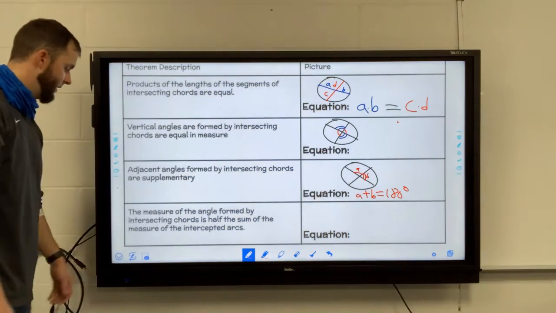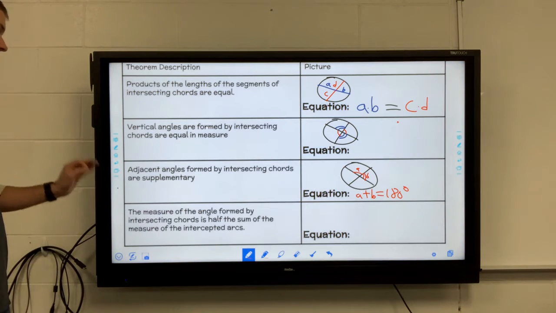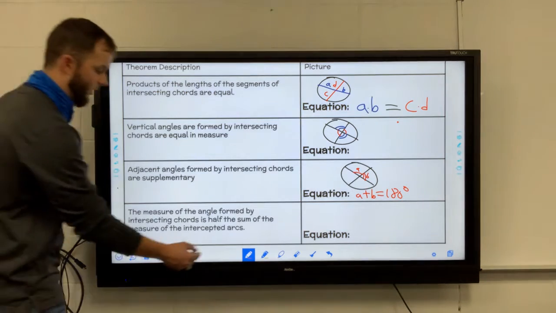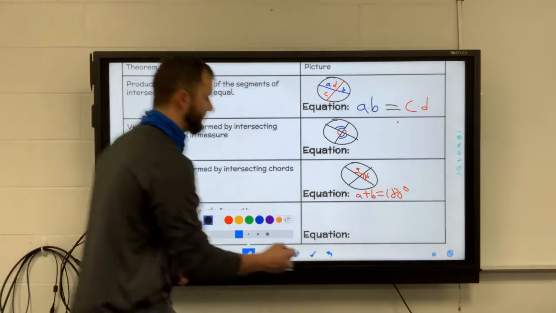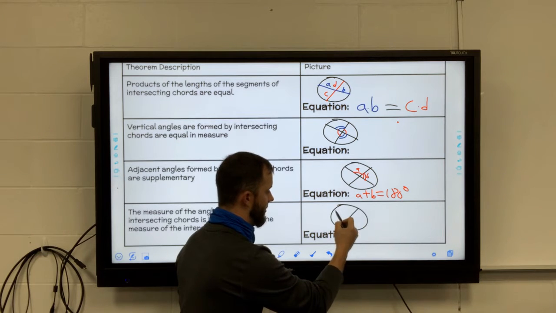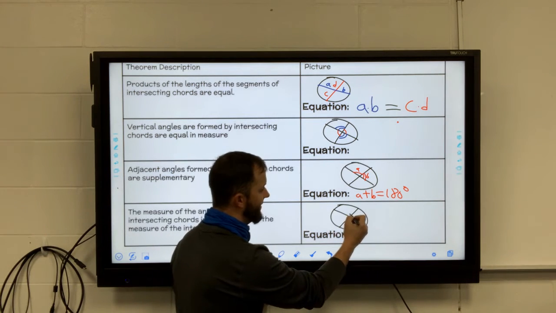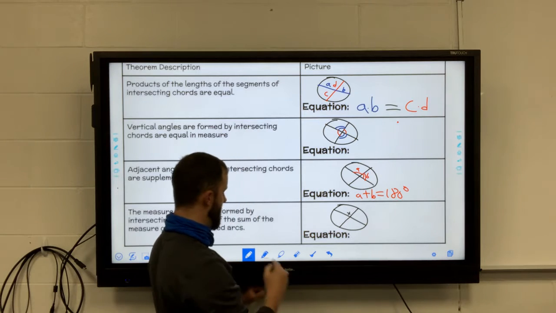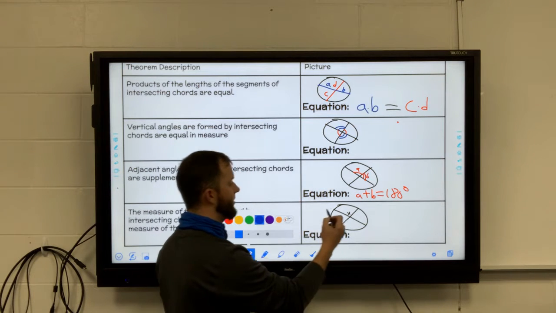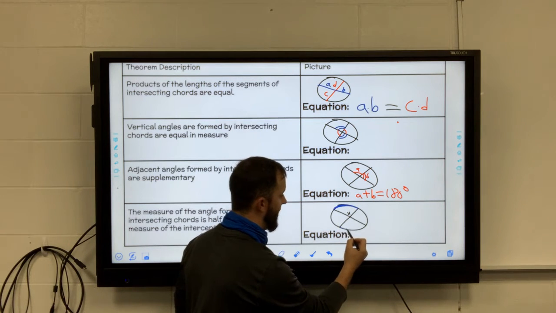Now the last one says the measure of the angle formed by the intersecting chords is half the sum of the measure of the intercepted arcs. What I mean by this is if you have a circle and you have your two chords going across from each other and intersecting, and I wanted to find this angle, I'm going to take the intercepted arcs, so the arc that is formed by the two chords, and then this arc right here.